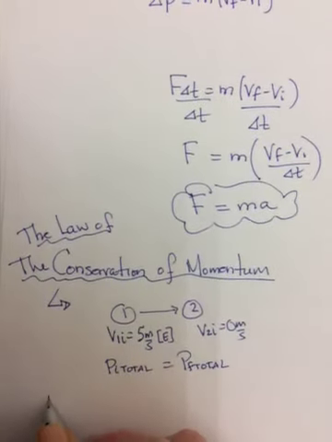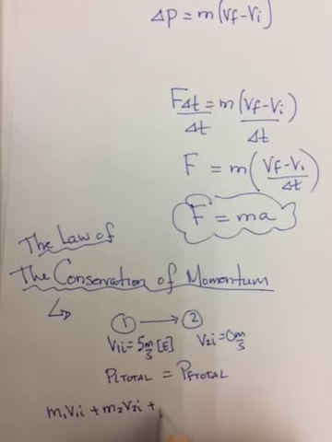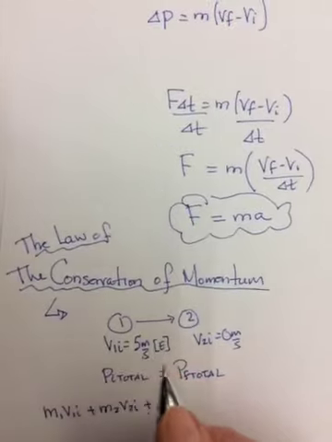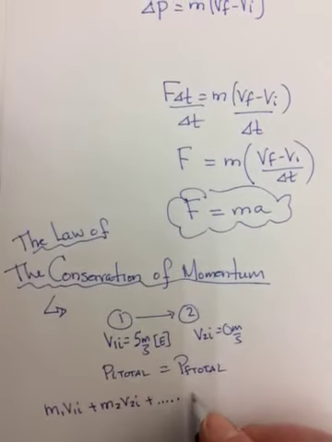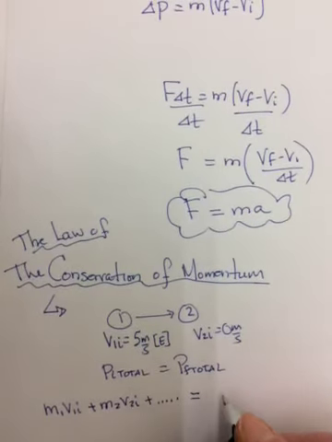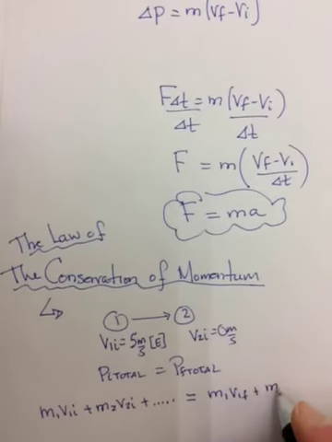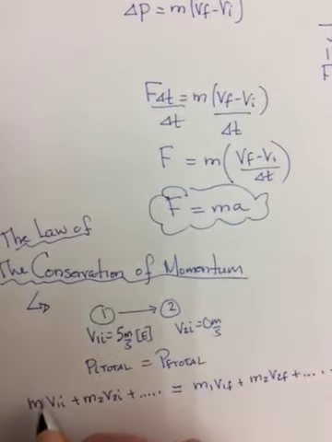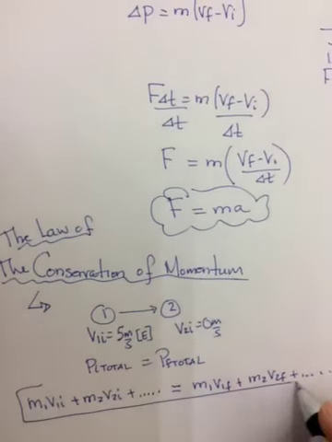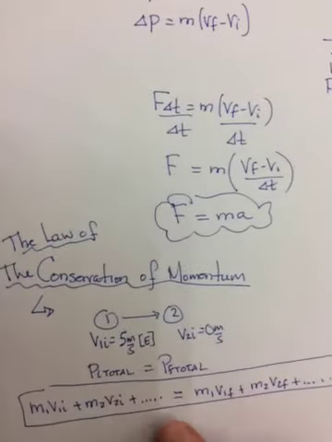In other words, M1V1 initial plus M2V2 initial plus however many other particles we have in the event initially, we add up all of their momenta, and the total has to equal M1V1 final plus M2V2 final plus ... for however many other components of the system that we have. Okay?